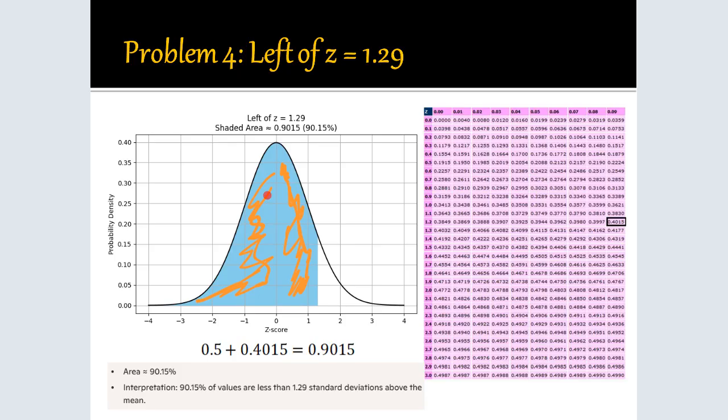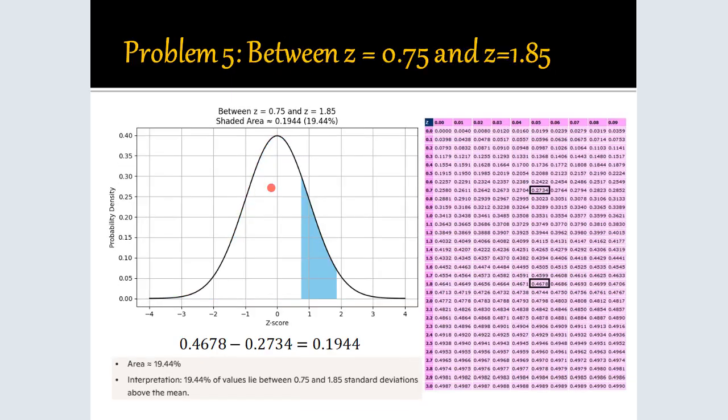Okay, so for problem number 5, between z is equal to 0.75 and z is equal to 1.85. On the z table, 1.85 is equivalent to 0.4678. So meaning, from here to here, the whole area is 0.4678.